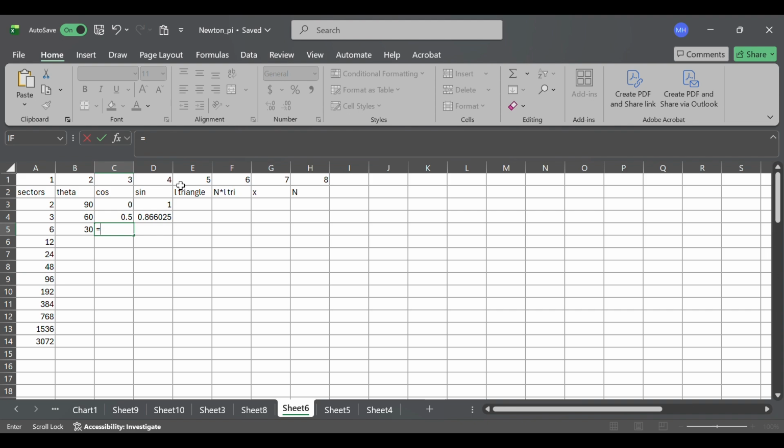So this is the square root of 0.5 times 1 plus cosine theta, or the previous value. And then the sine value is the previous value of sine times 2 times the cosine value. The triangle is the 1/16 sine 2 theta, so we'll use that formula.